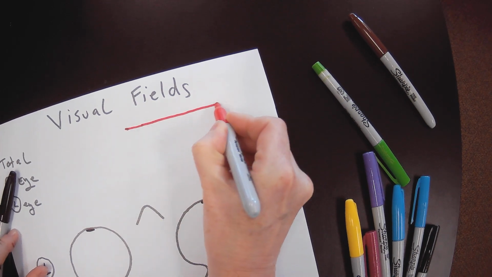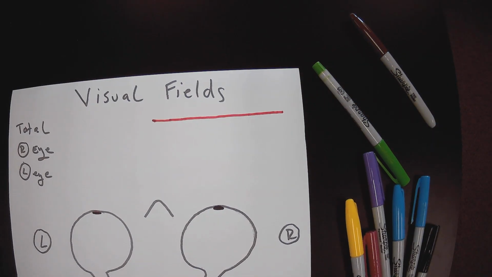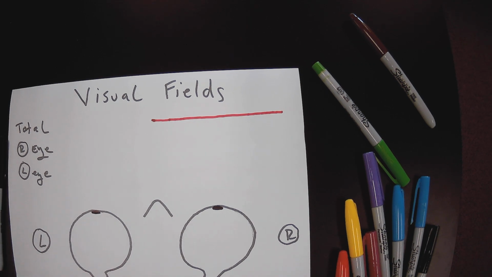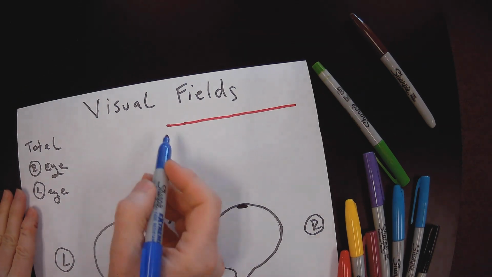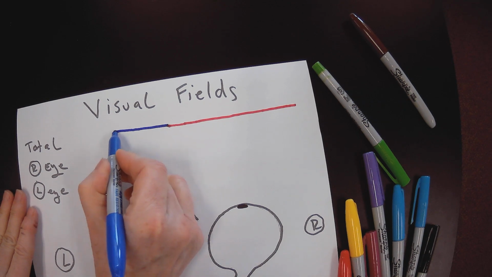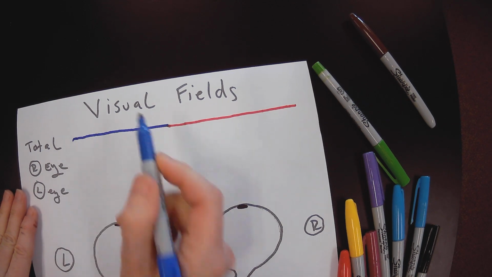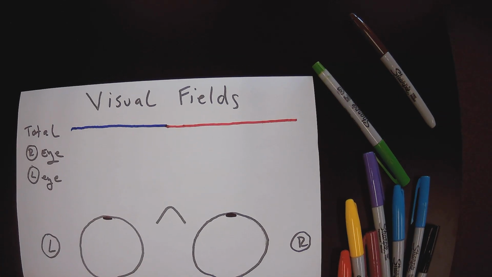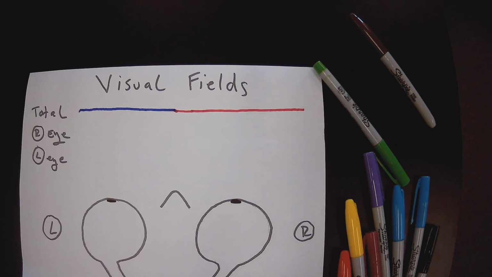It's going to be red in color. I'm doing that because we're going to follow our visual fields back a little bit. Red for right. And then on the left side, I'm going to make it blue. This is everything in your left visual field. So if I were looking straight ahead, right at my nose would be the divider between the red color and the blue color. You see that?